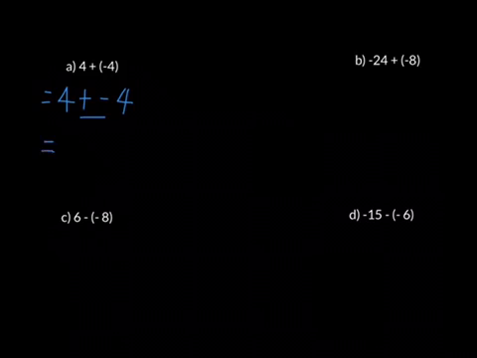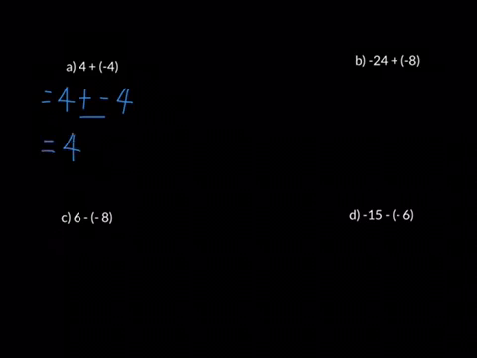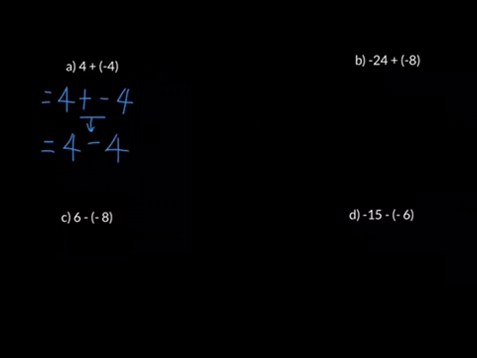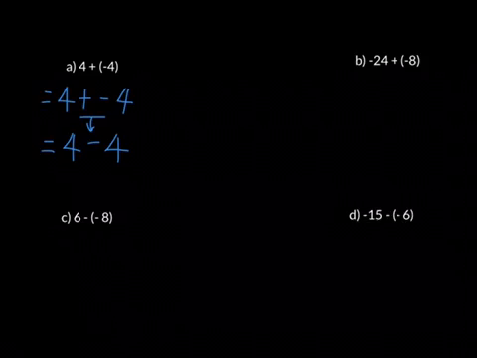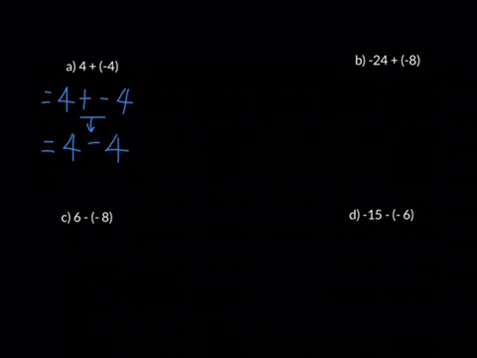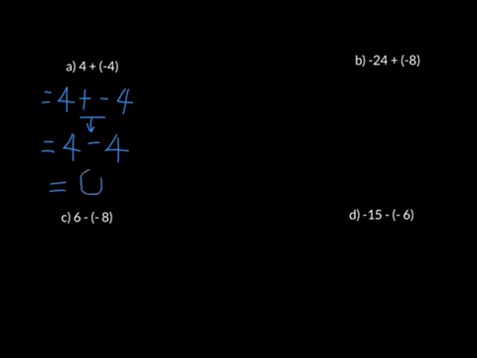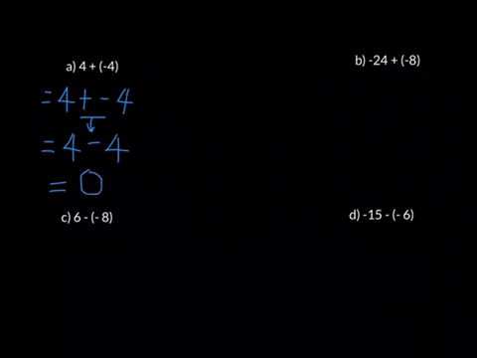So we can actually simplify that to make it 4 take away 4. Positive and a negative together is equivalent to a negative. So 4 take away 4, we know 4 take away 4 is equal to 0. So that's the answer to this question.